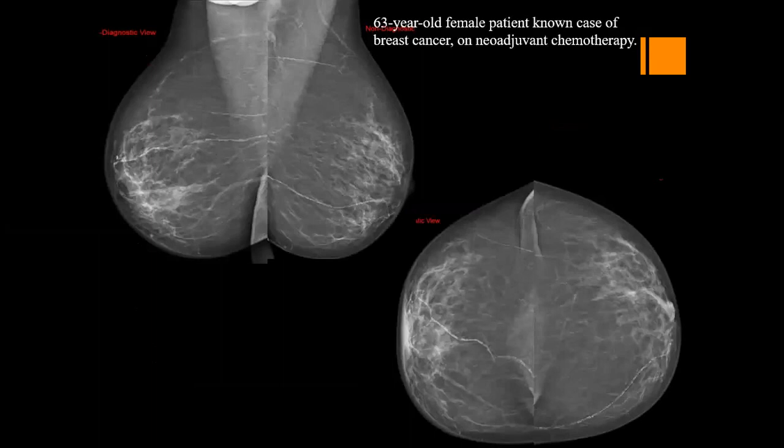What about this example? This is our patient, a 63-year-old female, a known case of breast cancer on neoadjuvant chemotherapy. Do or not do? Do 6 or not do?